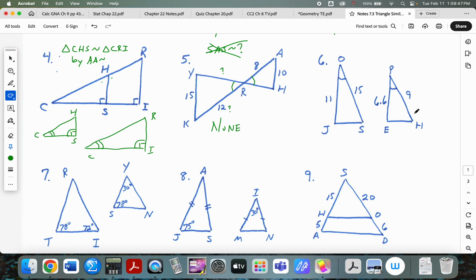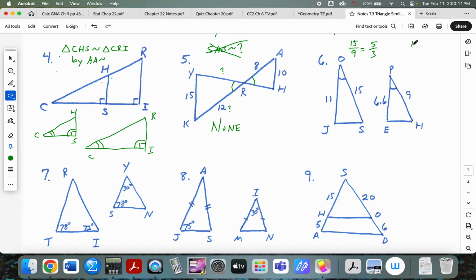If they're what? 15 over 9 and then 11 over 6.6. Yeah, I need to see if the sides are proportional, is the words that we would say for that. Are the sides proportional? So I'm going to check, you're exactly right, I'm going to check 15 to 9. Both of those are divisible by 3. That's 5 to 3.